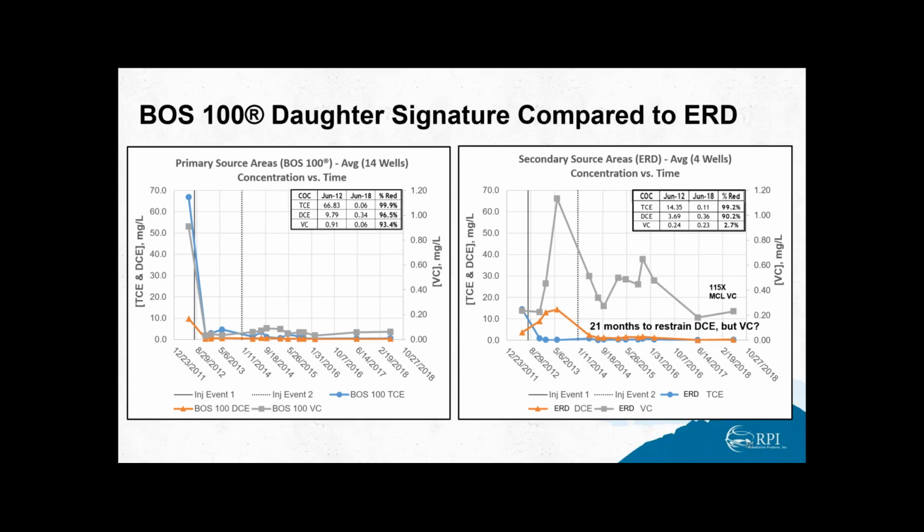But when you go down to the vinyl chloride, the vinyl chloride reduction for the BOS 100 is 93.4%, and the vinyl chloride reduction for the EDR process is 2.7%. You see the difference. Just so you'll know, in this particular case this EDR is an emulsified vegetable oil. I don't want to tell product names; that's probably not appropriate. So you can definitely see the difference.